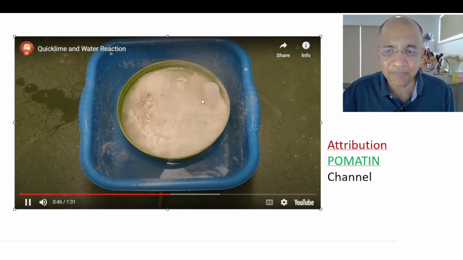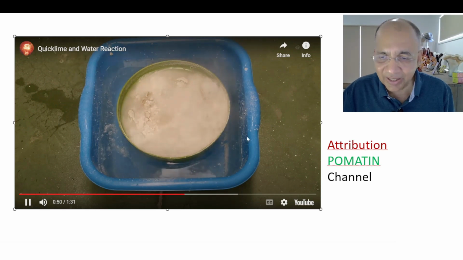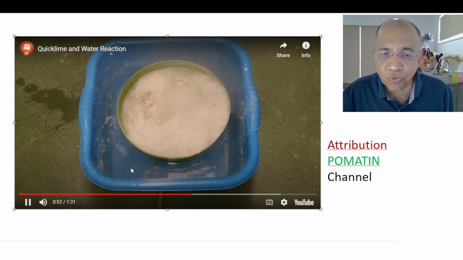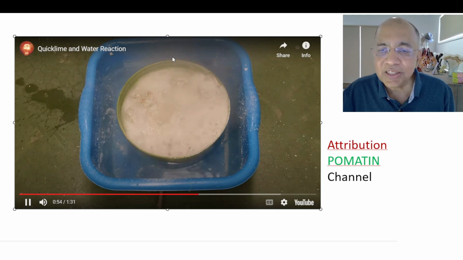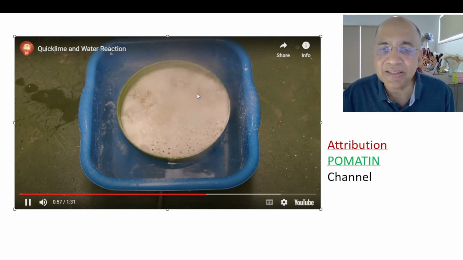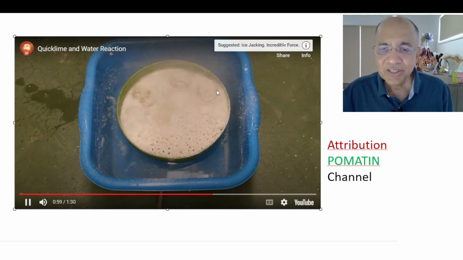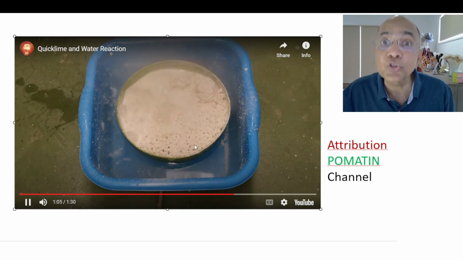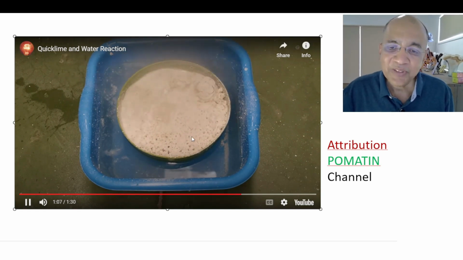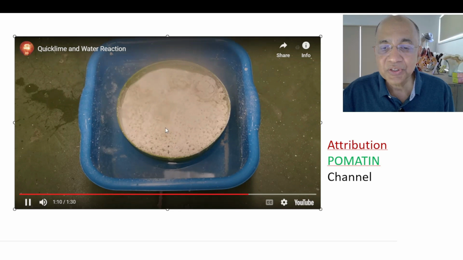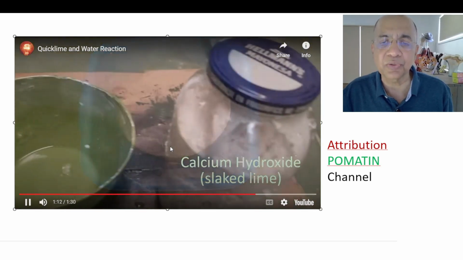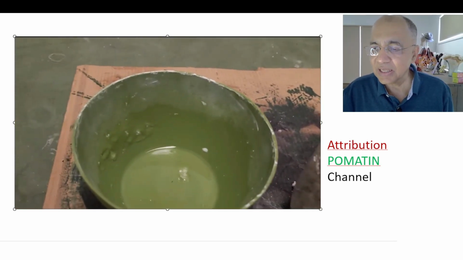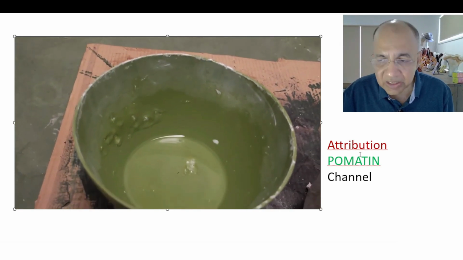This is quicklime, calcium oxide powder, we added water, and there is surrounding water too, so this water will also boil. These vapors are not hydrogen gas, these are water vapors. The calcium oxide powder is converted to calcium hydroxide, looking like chun, as we call it in Hindi. So a lot of heat is produced.